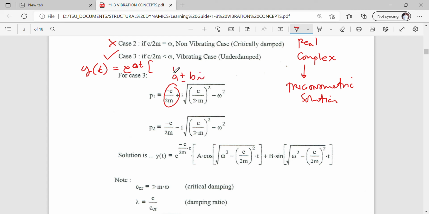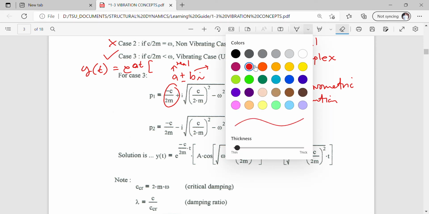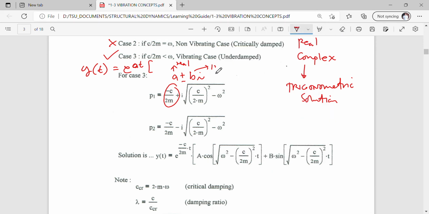You call this the real part and the complex part. The complex coefficient has an imaginary part here, or real and imaginary. Sorry class, this is purely mathematics. I want to be very near to accuracy when I'm talking. So this is the imaginary part.